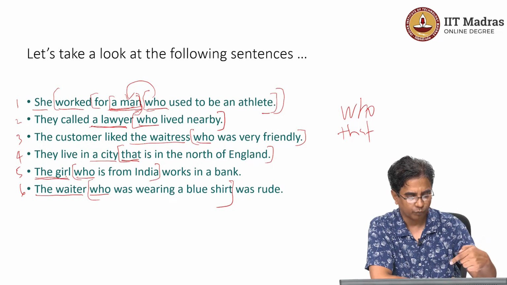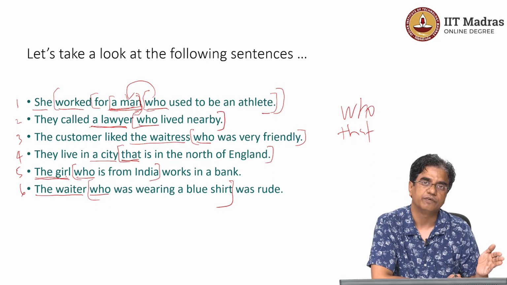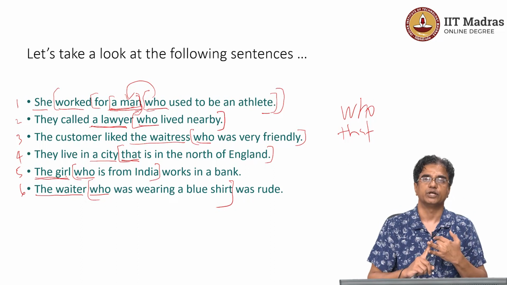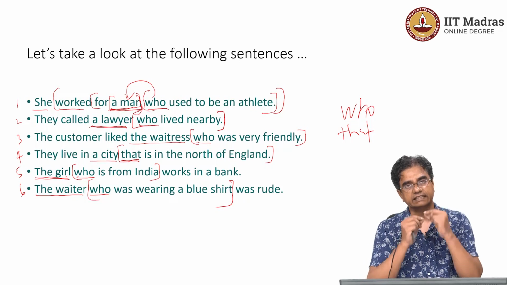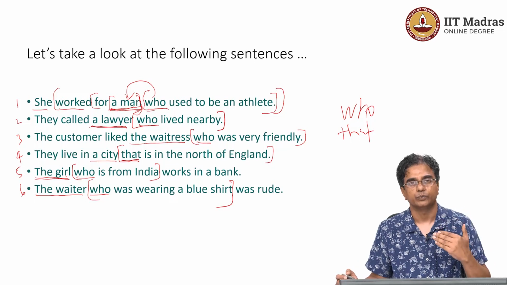You will see how relative pronouns are being used for different nouns. So, who is used for a particular category, which is used for a particular category, that is used for a particular category, and you will find that out.